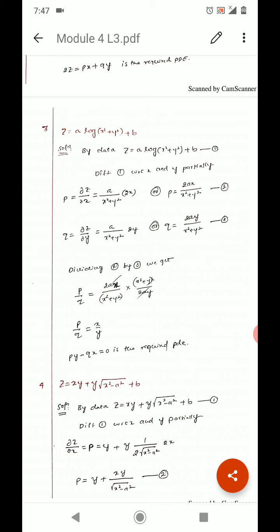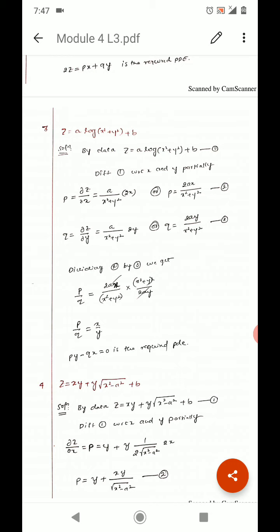So substitute the values in equation 1, or we may also take p by q. So divide equation 2 by equation 3, that will become p by q is equal to 2x by x square plus y square into value of q, that will be in reverse condition, that means x square by y square divided by 2ay.